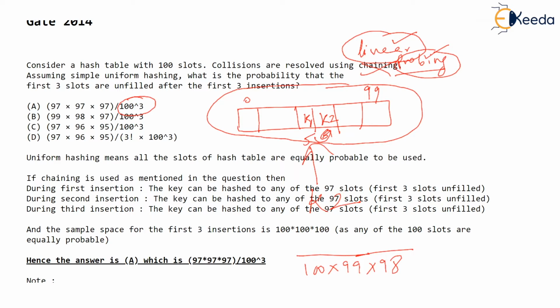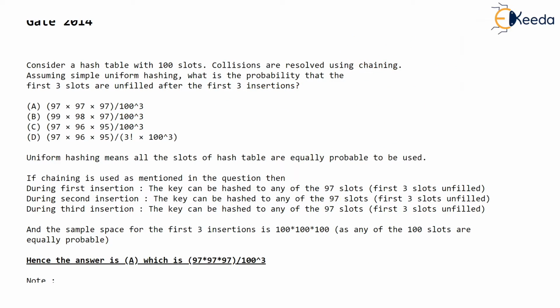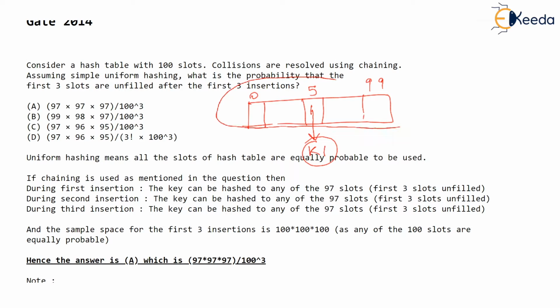But then what happened when we use chaining? When we are using chaining, we know that the hash table is a table of pointers having 0 to 99 pointers. Now just imagine key K1 got mapped to address 5. So it was not stored inside the hash table. The key K1 was stored in the linked list. So how many places were possible for insertion of K1? 100 places. And now imagine another key K2 is also inserted and K2 also gets mapped to the same address 5.